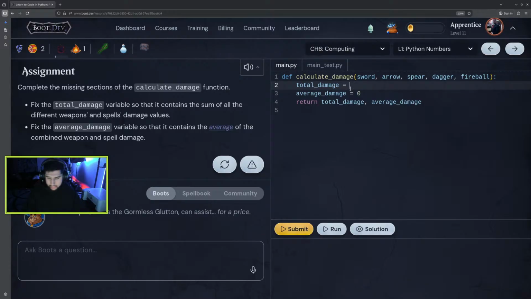So I'm gonna put sword plus arrow plus. Did I press tab? I pressed tab, didn't I? Plus the spear.